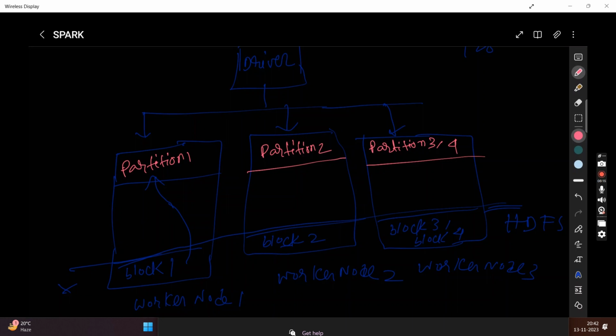This block will load into our memory as partition 1, this block into RAM as partition 2, and blocks 3 and 4 will load in our RAM as partitions 3 and 4. This will be in RAM.